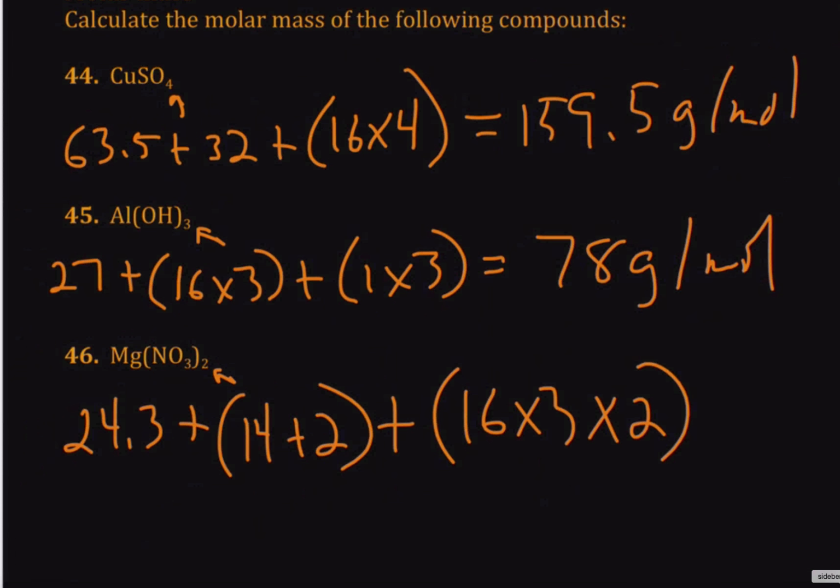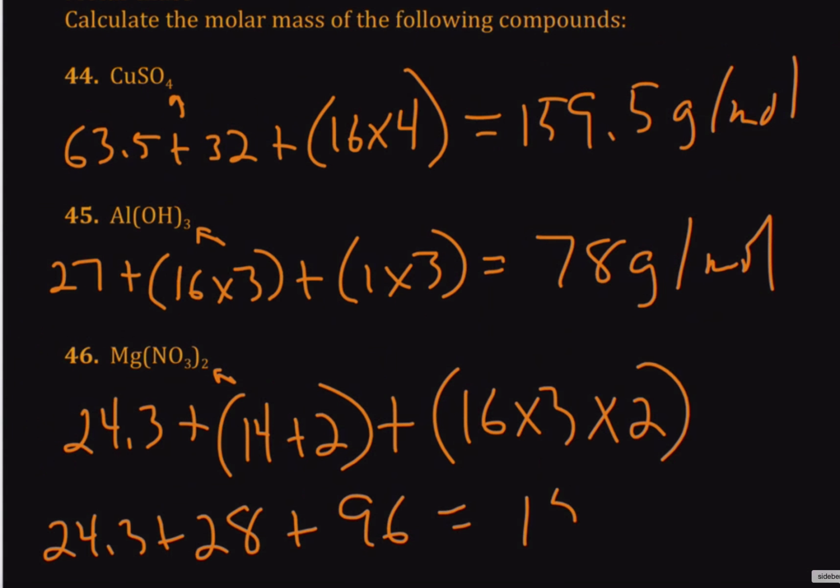So 16 times 3 times 2, or 16 times 6. And so when we do that out, we get 24.3 plus 28 plus 96, which is 150.3 grams per mole.